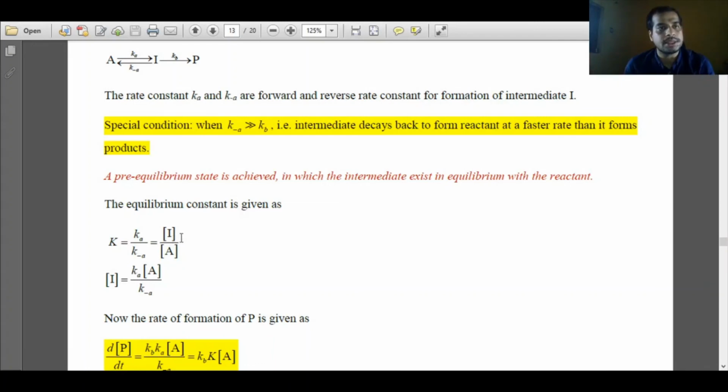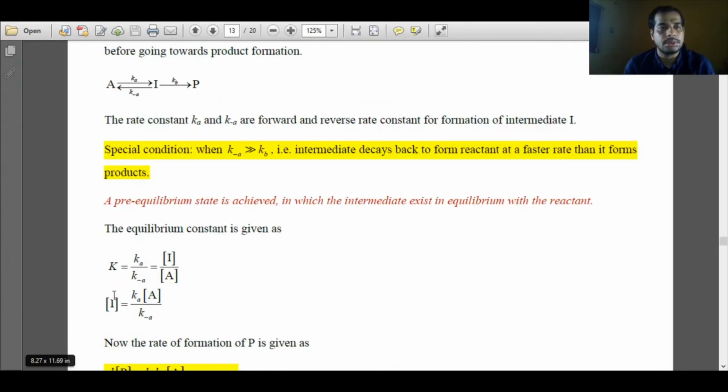In terms of concentrations, I can write the concentration of intermediate I over the concentration of reactant A. If I rearrange, I can get an expression for the concentration of intermediate I. In all the cases, my aim is to find the product concentration, how much product is forming at a certain time t.